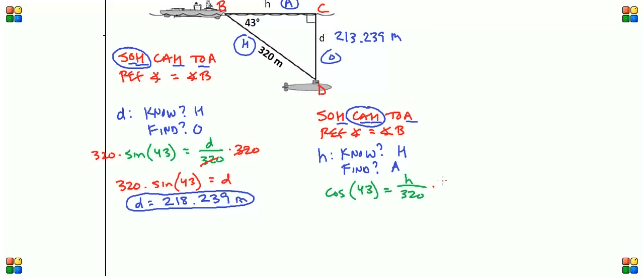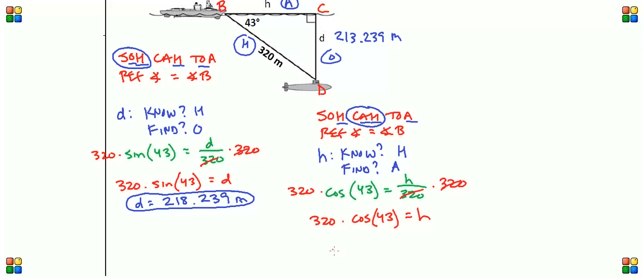That means we're going to multiply both sides by the denominator, so we can get the denominator to go away. This will cancel because 320 over 320 is equal to 1. And we can write our equation as 320 times cosine of 43 is equal to side H.